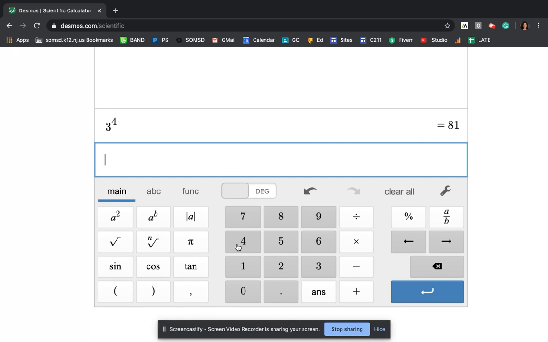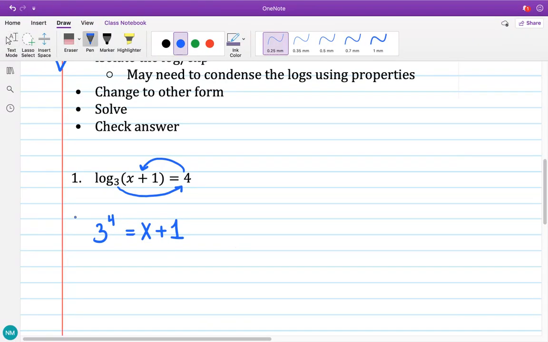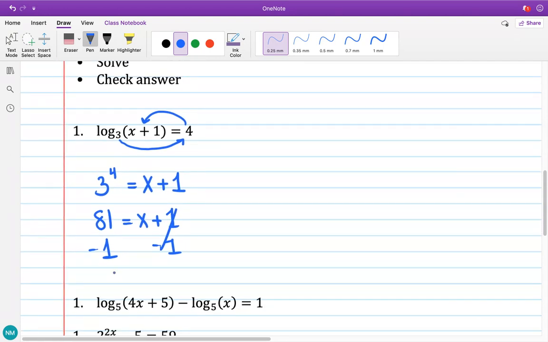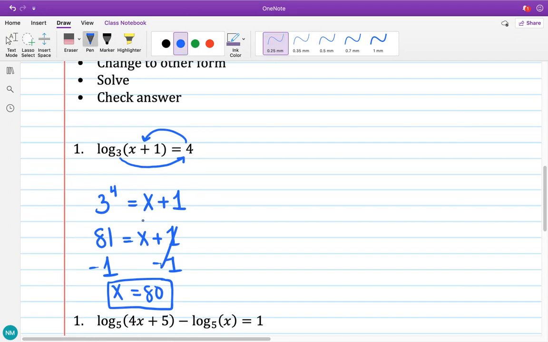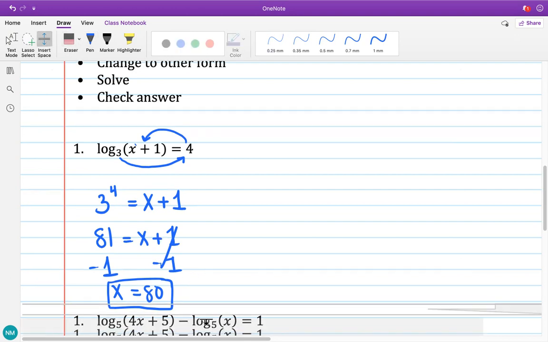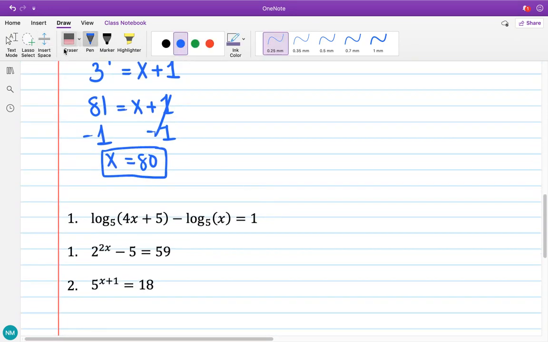So I'm going to do 81 equals x plus 1, and then I subtract 1. And so I get x equals 80. And then I just want to check it. This is an easy check. If I plug 80 into this, I get 81 inside, and we're good. So you really just want to make sure you don't get a 0 or a negative inside of a logarithm. All right, let's try another one.